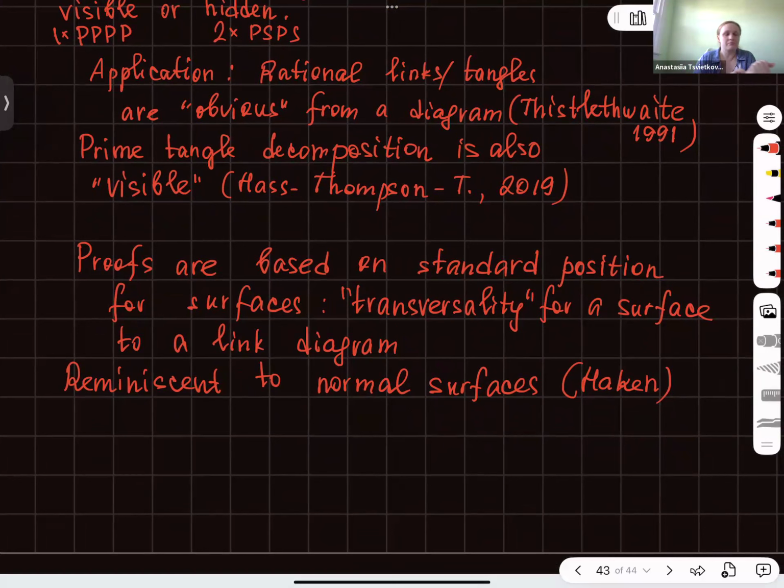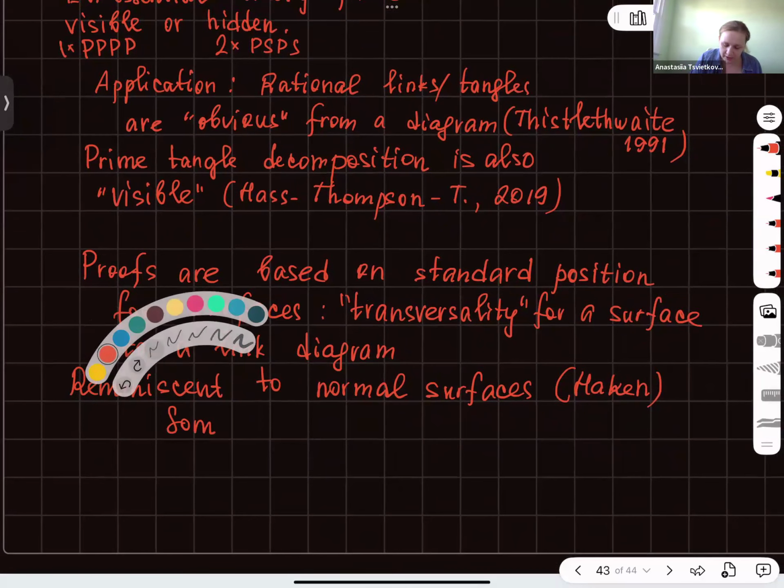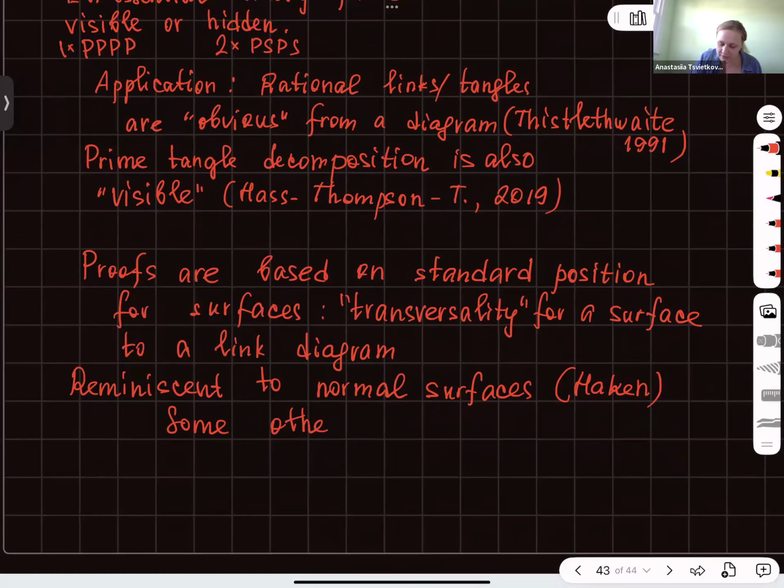And let me maybe just mention some other consequences and maybe theorems that were proved, and applications of standard position. So some other applications, maybe more recent, of standard position for surfaces.